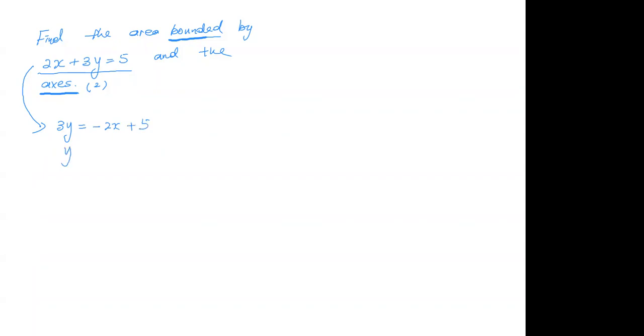So this is okay. Anyone got any issue with this? No? So let me give you the visual of it. If I draw my straight line like that, do you think I'm drawing it correctly?